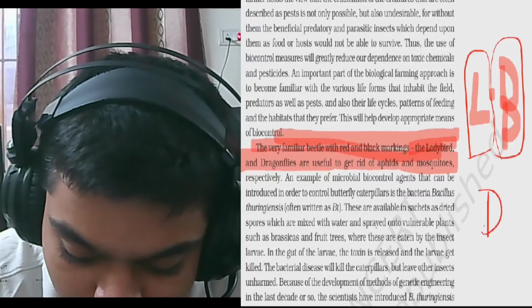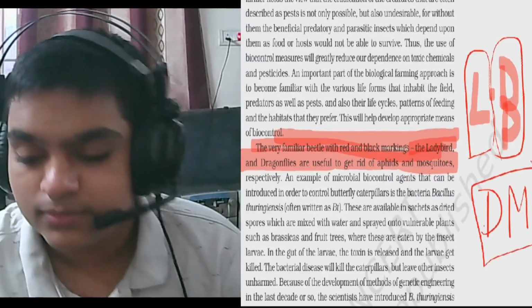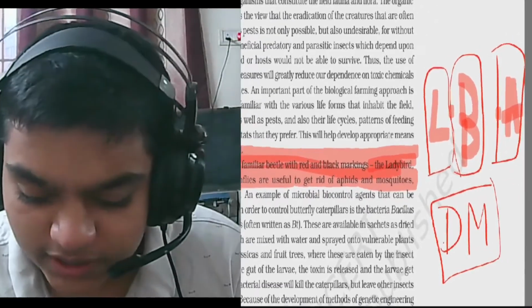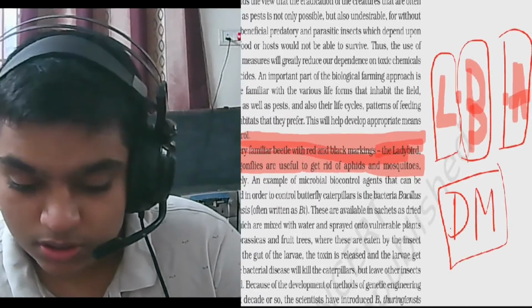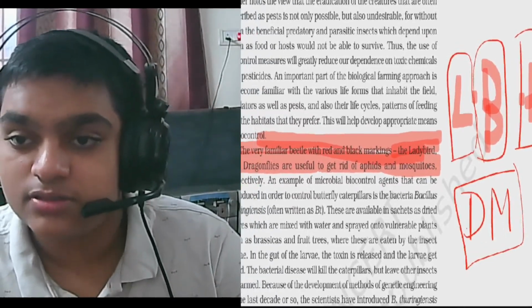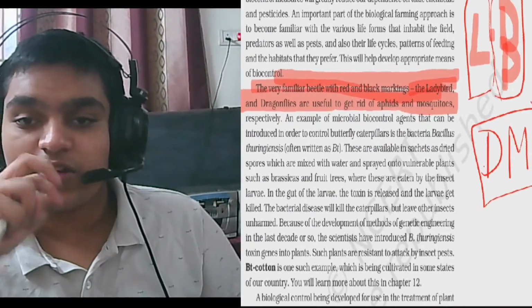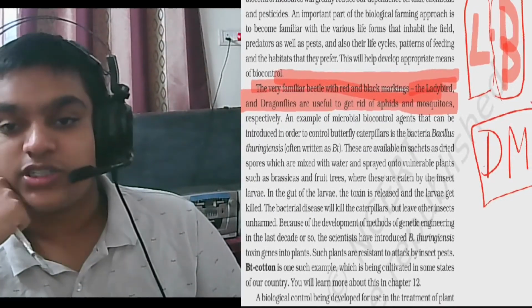Dragonflies, mosquitoes: DM. Ladybird aphids. Completed. Ladybird is used in the control of aphids. Dragonflies are used in the control of mosquitoes.